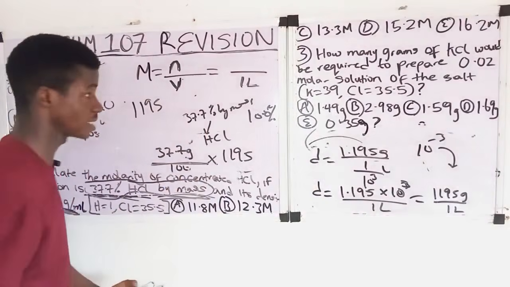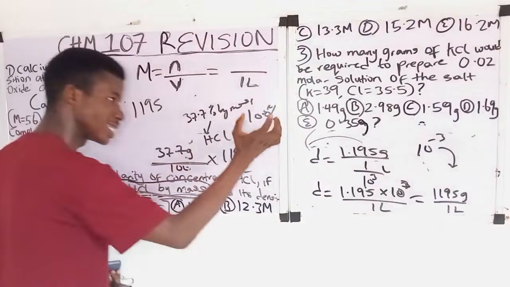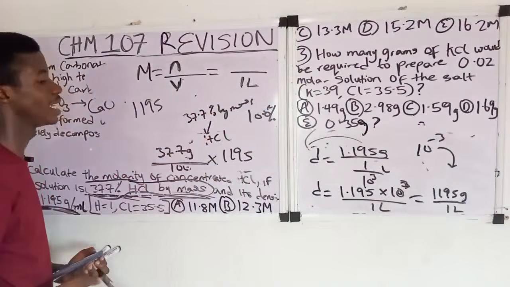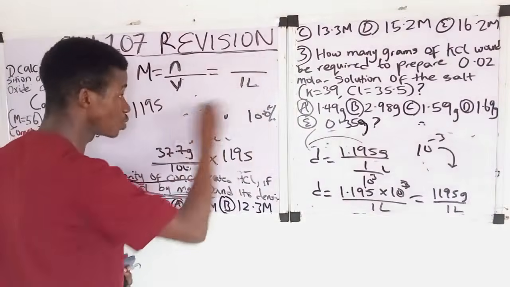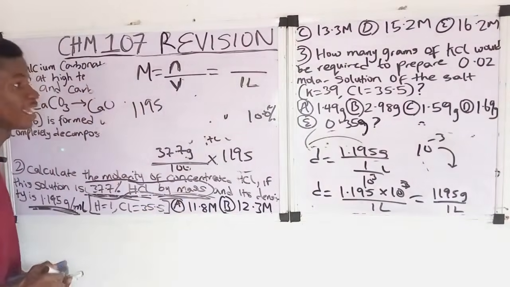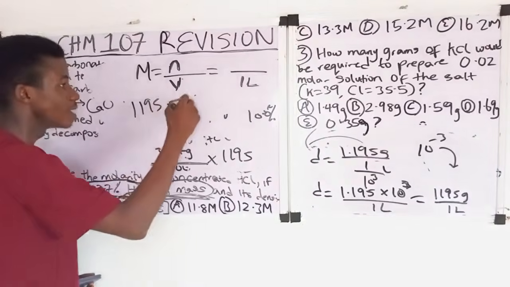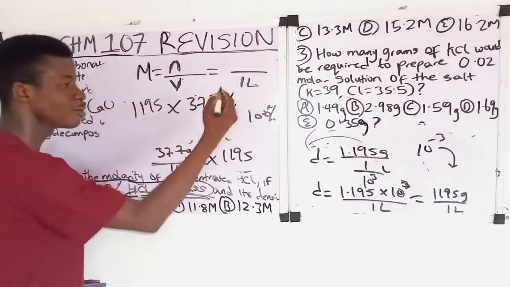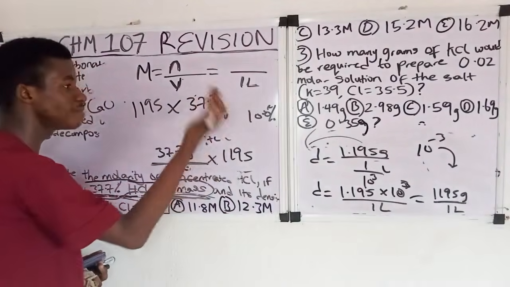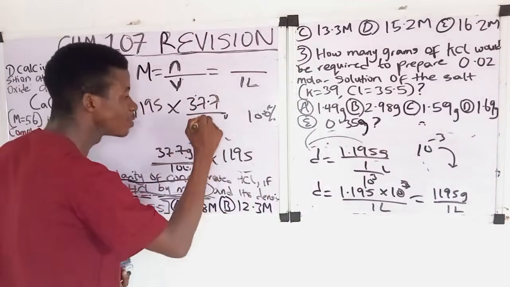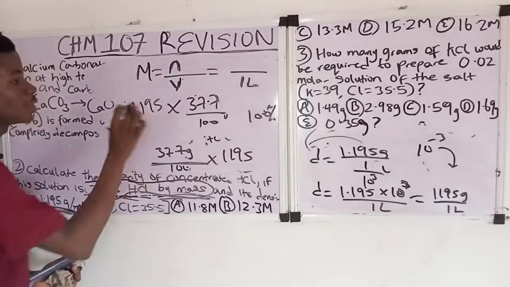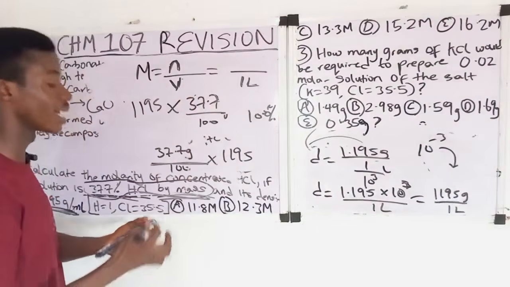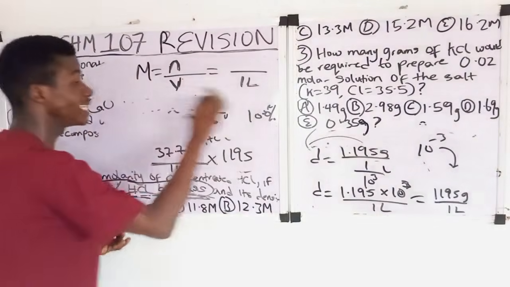Out of this 100%, 37.7% by mass is hydrochloric acid. Don't forget that the mass of the whole solution is 1195, so times 37.7%. Now remember, 37.7% means 37.7 divided by 100. Can you understand?